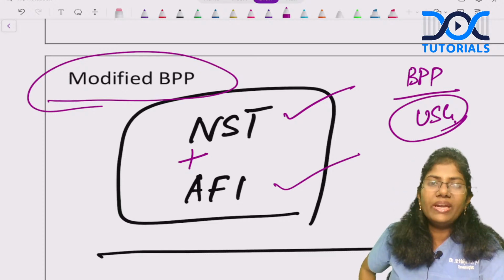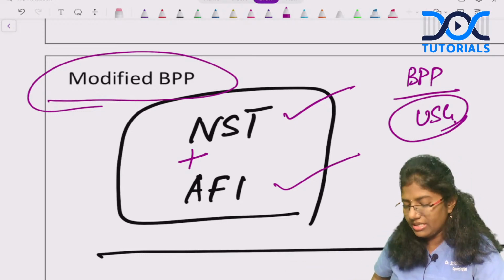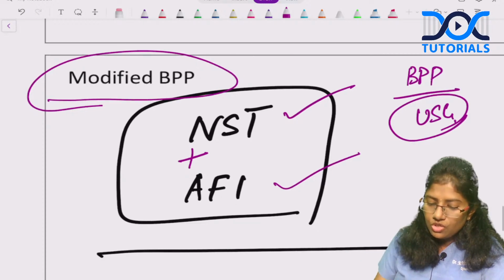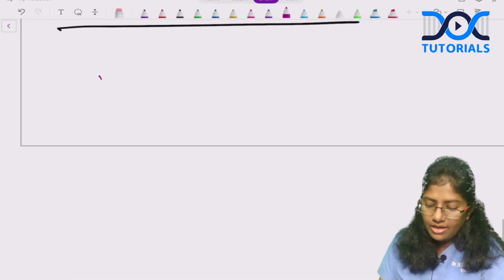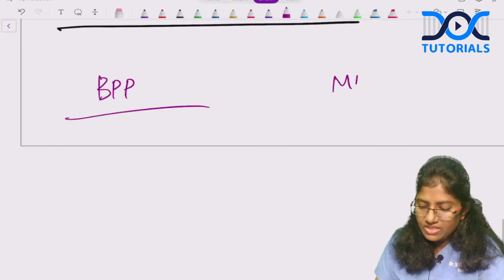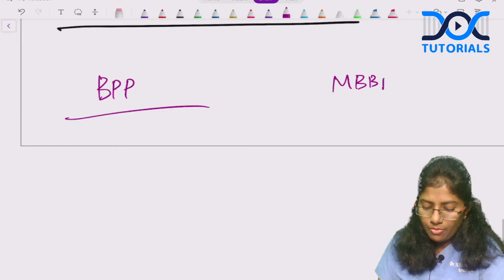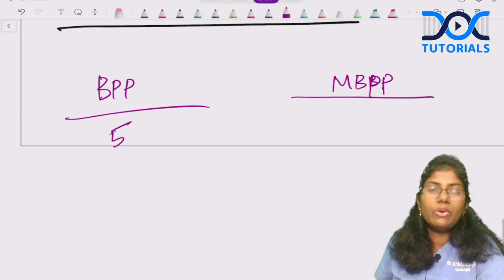That waiting period is not there when you choose only NST and AFI. So please understand the difference: in the biophysical profile you have 5 parameters, in the modified biophysical profile you have only 2.